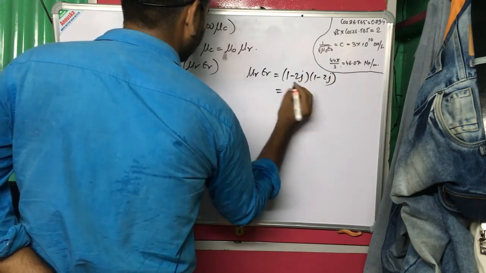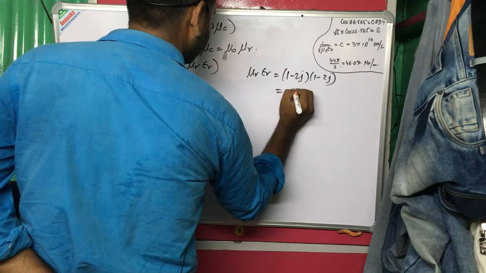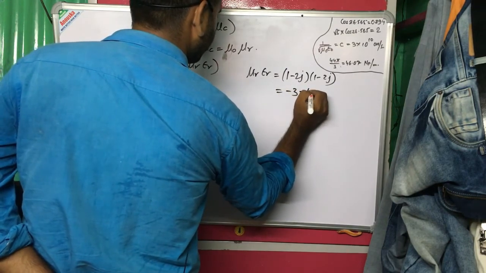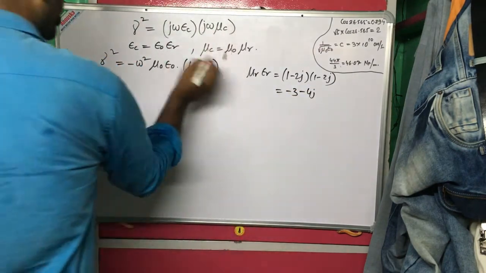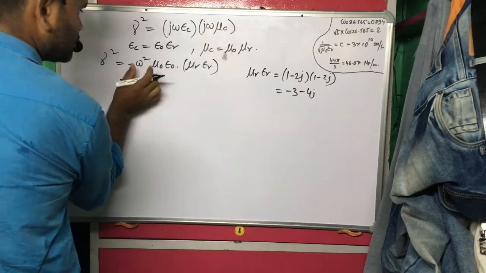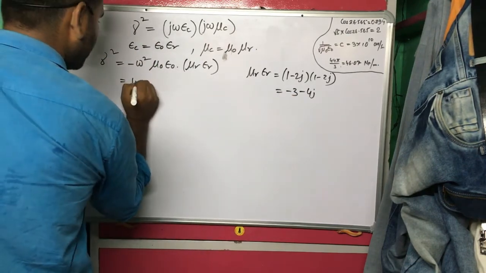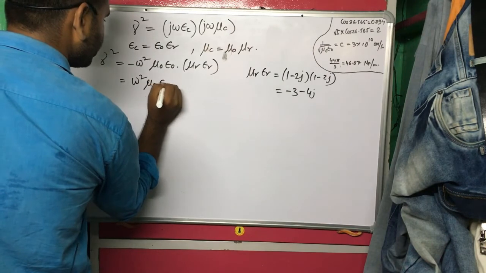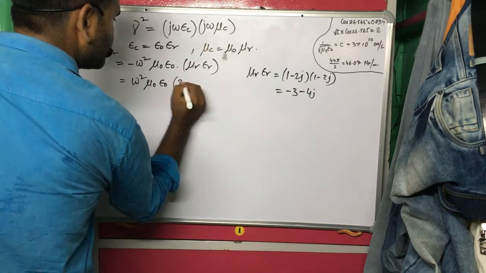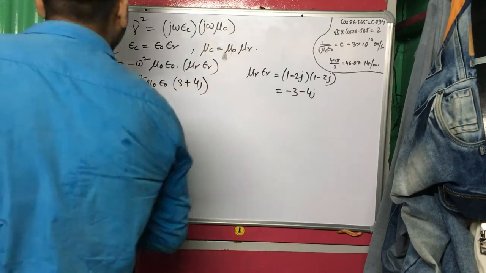So that is basically equal to minus 3 minus 4j, right? So you can write it as minus omega square, and minus minus will be plus, so omega square mu naught epsilon naught into 3 plus 4j, okay.